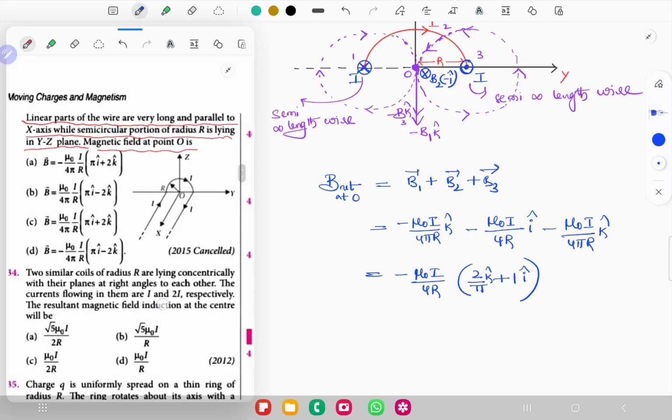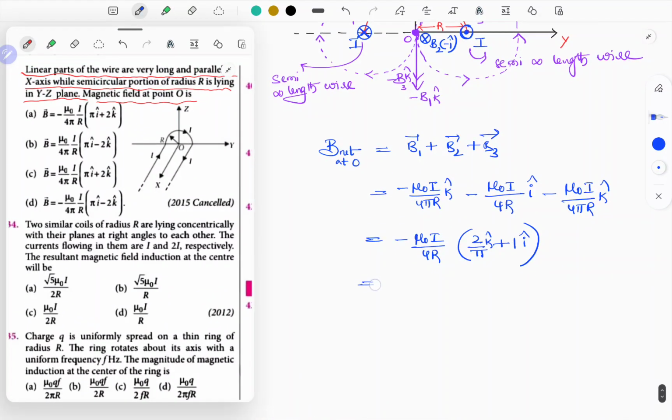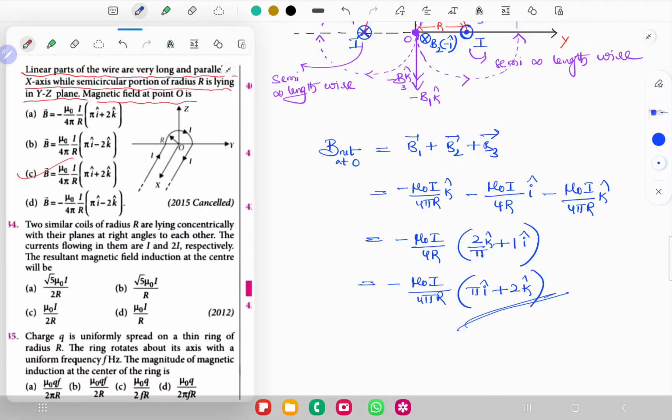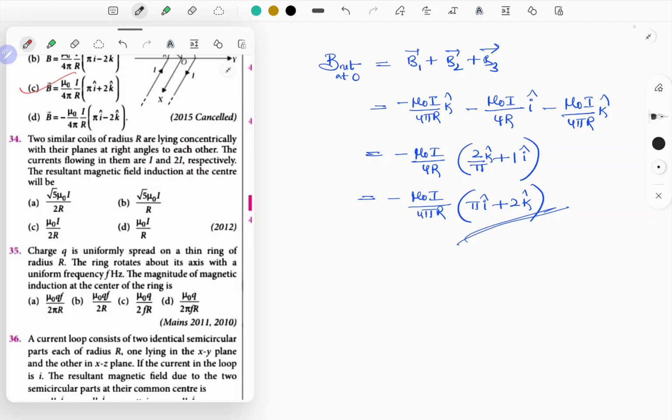So which option matches here? Oh, I have to remove pi also. So if I remove that pi, minus mu naught I by 4 pi R, pi i cap plus 2 k cap. This is the final answer. I think option C is the correct answer. Understood? Yes, option C is the correct answer.